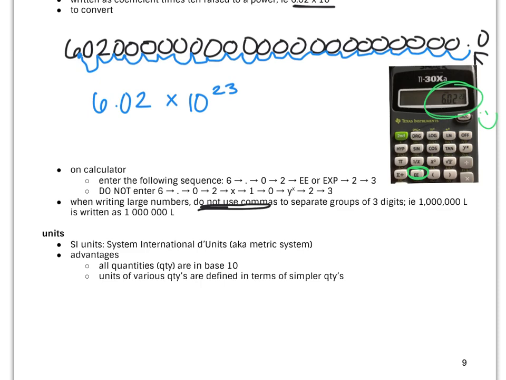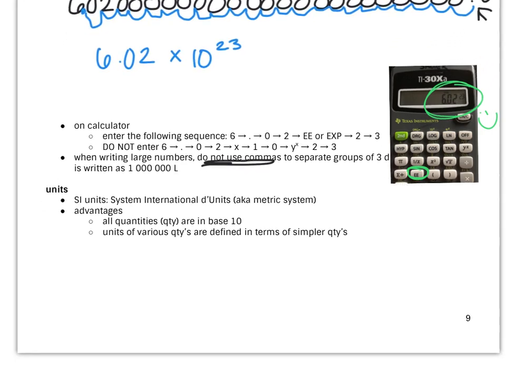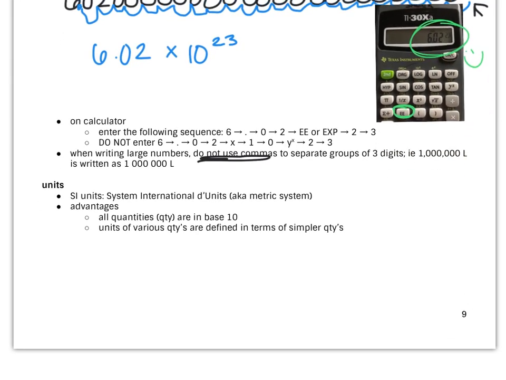And then, since we're already on a rant about Americans, let's talk about units, okay? So we're probably familiar with the fact that the United States has it differently, because whatever, we're one of 3 countries out of the 196 countries in the world that uses it, because we're stubborn. But in science, we do not use the U.S. standard.